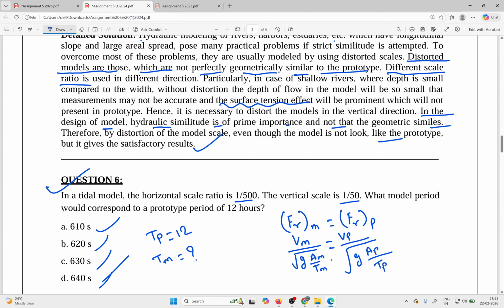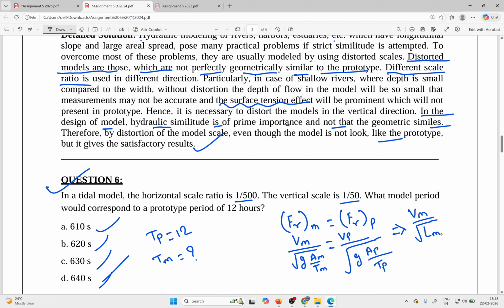Here Vm by Vp, and Ap by Tp, what is this? This will give you the vertical one. Remember please, area by top width we are discussing here. Let me write again, Vm by root Lm.